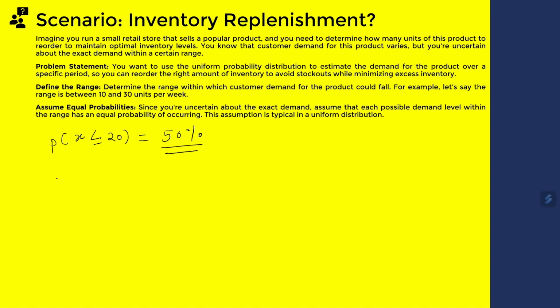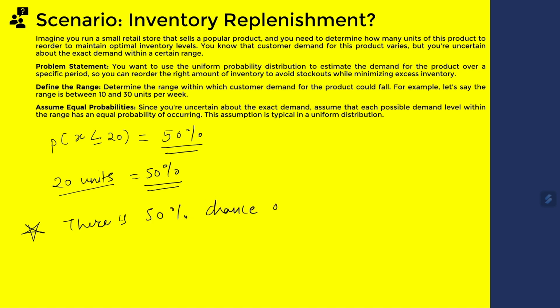So there is a 50% chance that the demand will be 20 units per week.